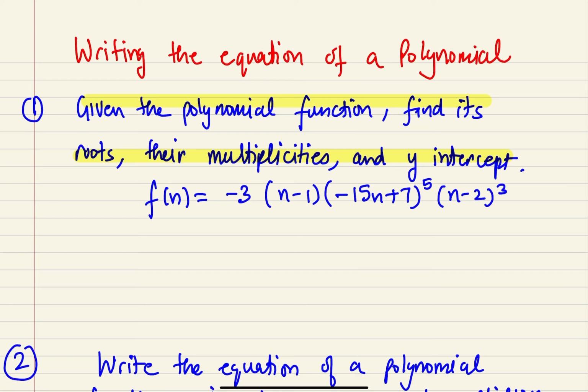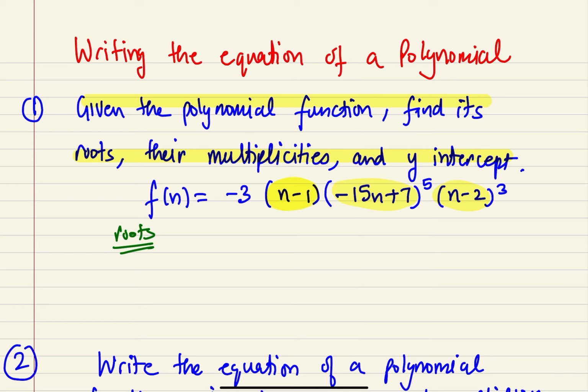This is a polynomial function f of n, where the independent variable is n and the dependent variable is f. So we want to find out the roots and their multiplicities. In this case, the roots are going to be the ones that make each of these factors 0. So we can set each of these factors equal to 0.